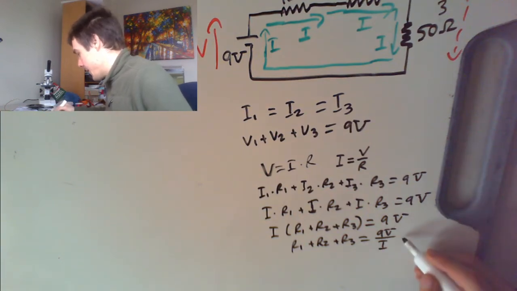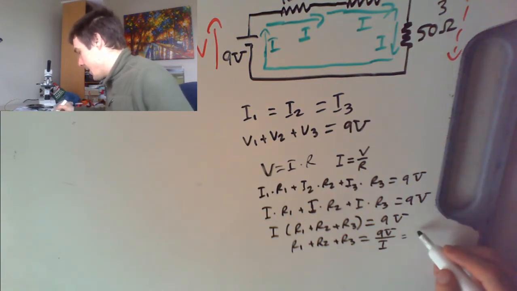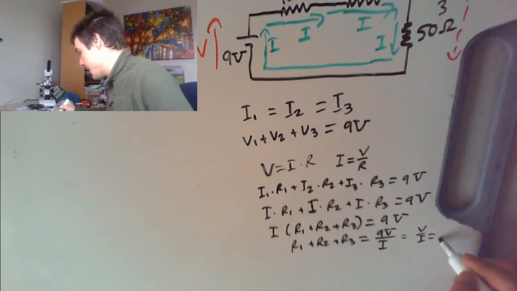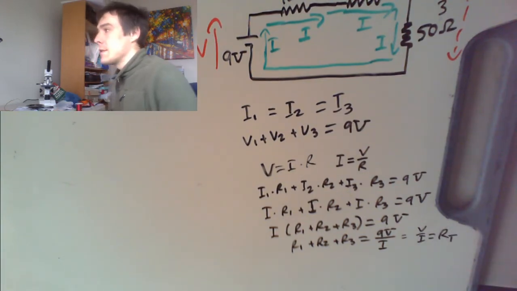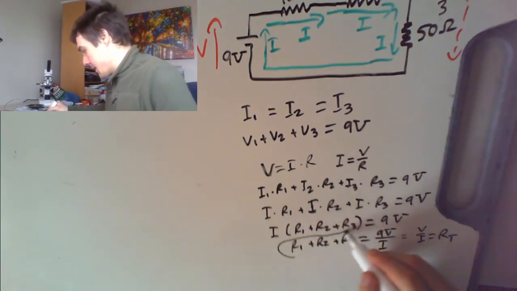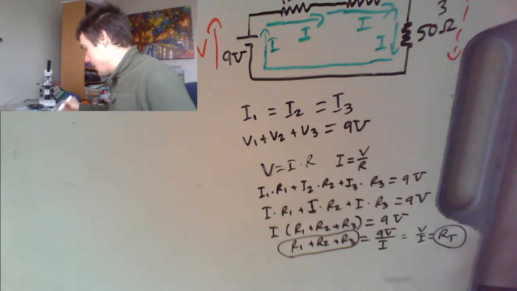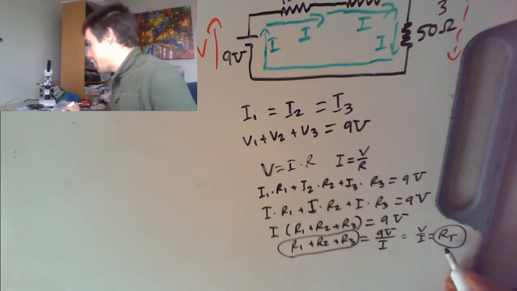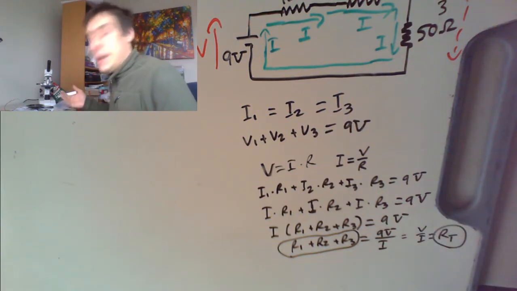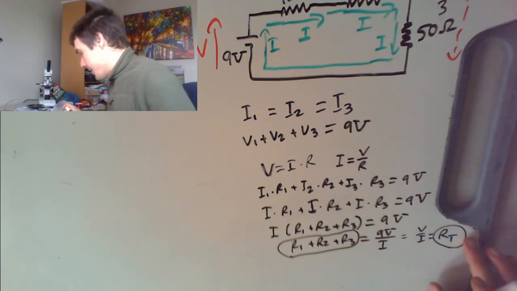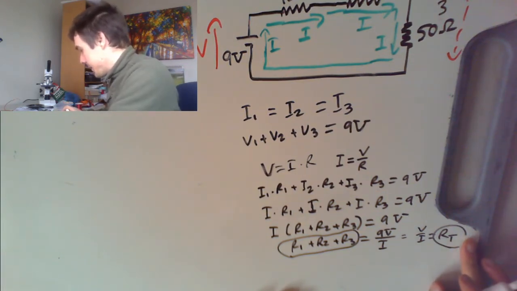9 volts over I, that's voltage over current, which is the resistance, the total resistance of the circuit. So R1 plus R2 plus R3 is equal to the total resistance of the circuit. But that's not fully where we're going.